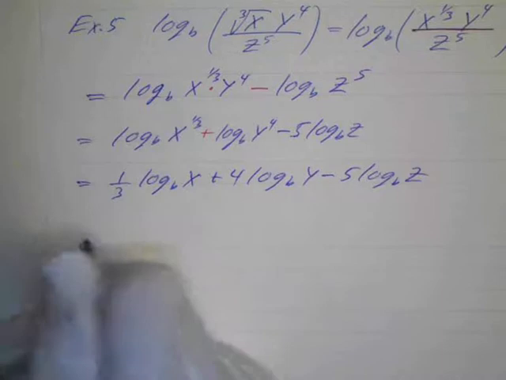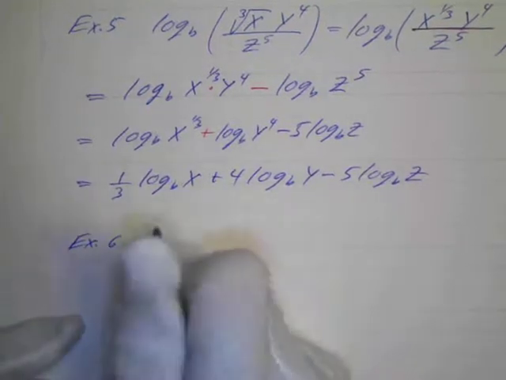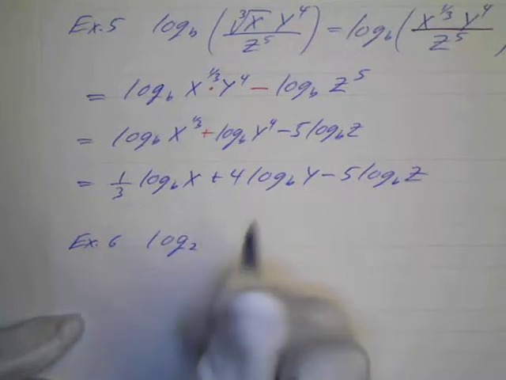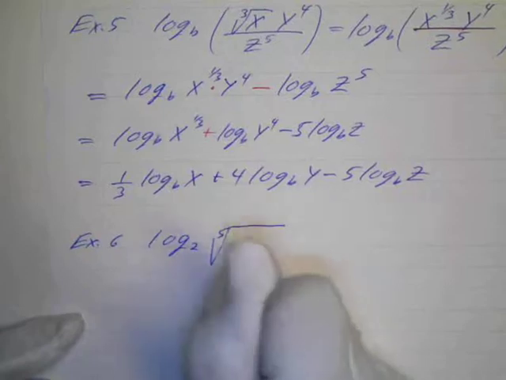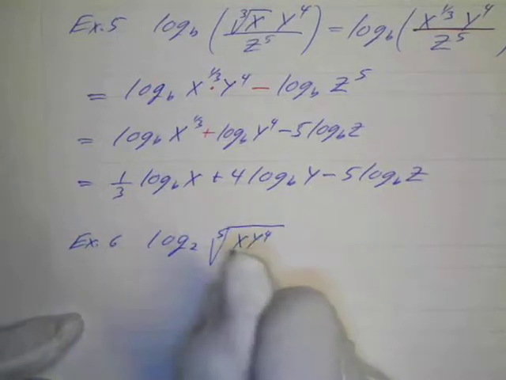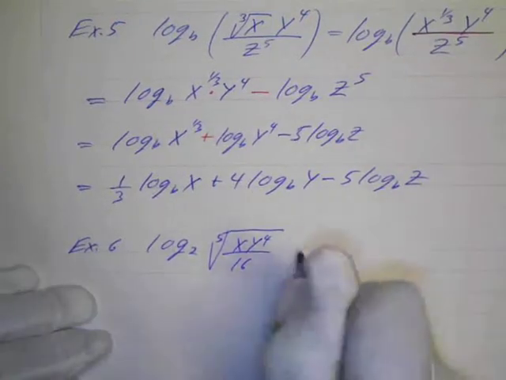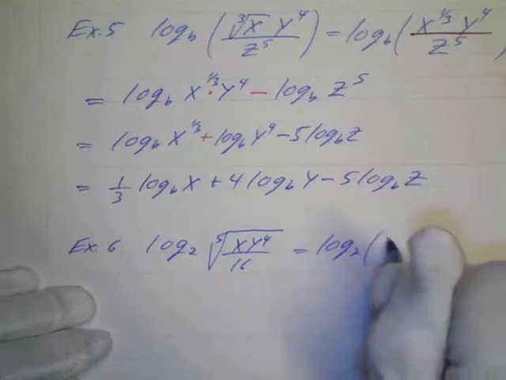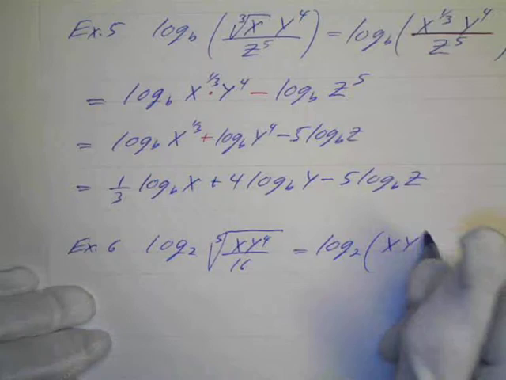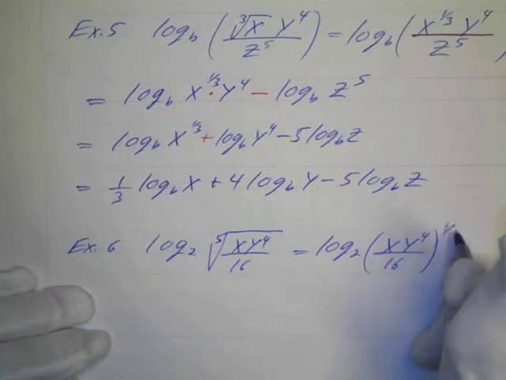Okay, and one more example, example 6. Log to the base 2 of the 5th root of x y to the 4th over 16. So first of all, again, we want to change this root to a power, so we'll write this as log to the base 2 of x y to the 4th over 16 to the 1/5 power.